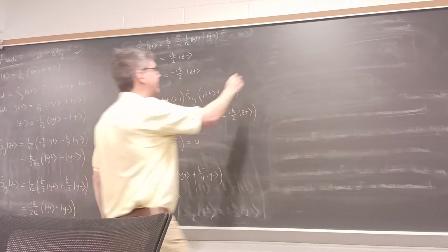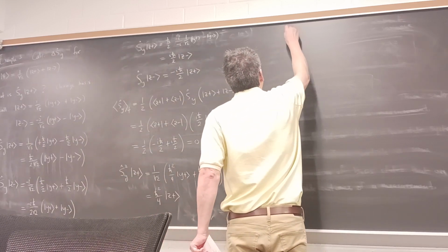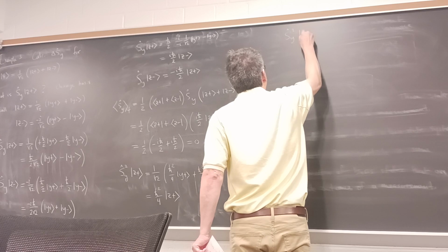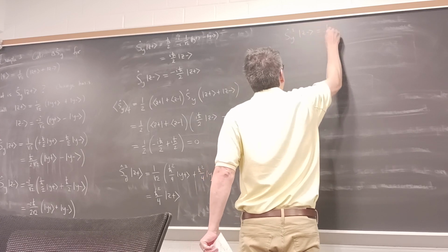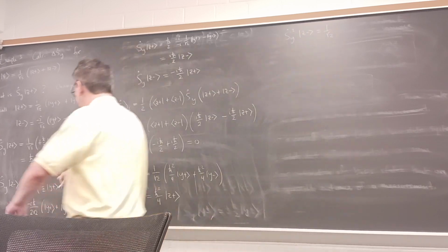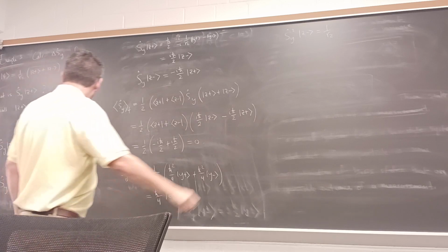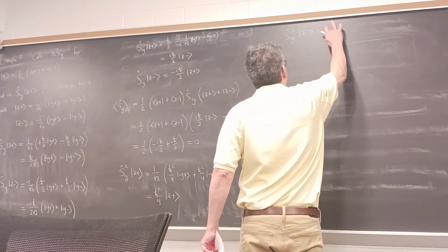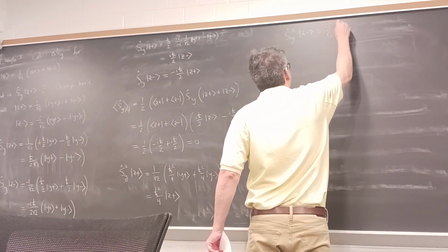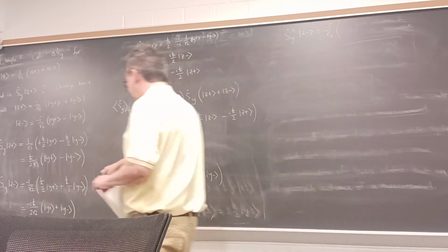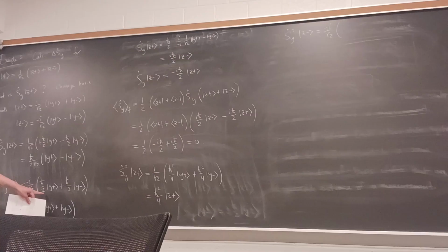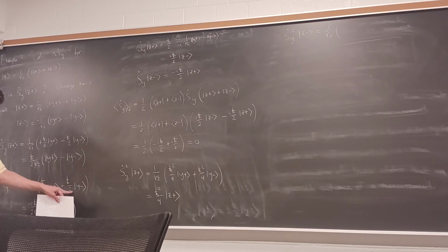And then S_y squared on Z minus, let's see, I'll have a minus I here, I'll have another h bar squared over 2, and then this one will become a minus.